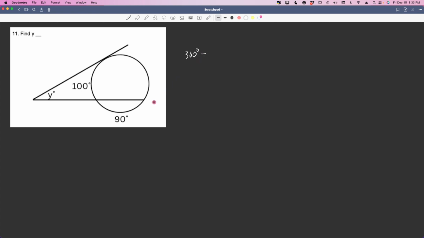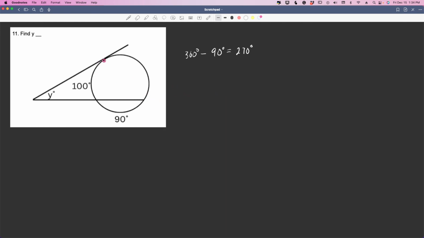Of that 360 degrees, all of the circle is enclosed in this angle as a minor and major arc, except for this 90 degrees down here in the bottom. It is outside of the angle. So we get rid of that 90 degrees, and we're left with 270 degrees of the circle being used, right?